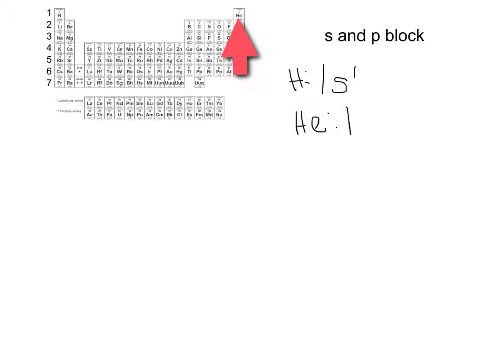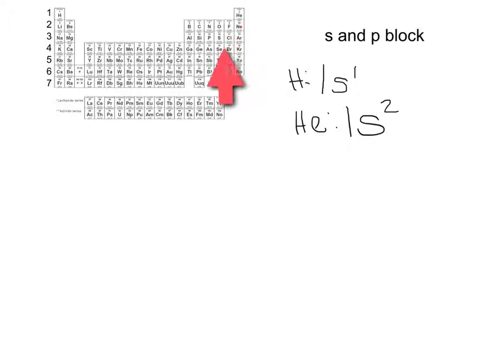So start with a 1. Now, what block is helium in? If you remember, helium actually fits into that empty spot right there in the S block. So we're going to call him in the S block, so 1s. And then if he were in S block, how many over would I have to count to get to him? I'd have to go 1, 2. So his configuration is 1s2. Hopefully that's not too bad.